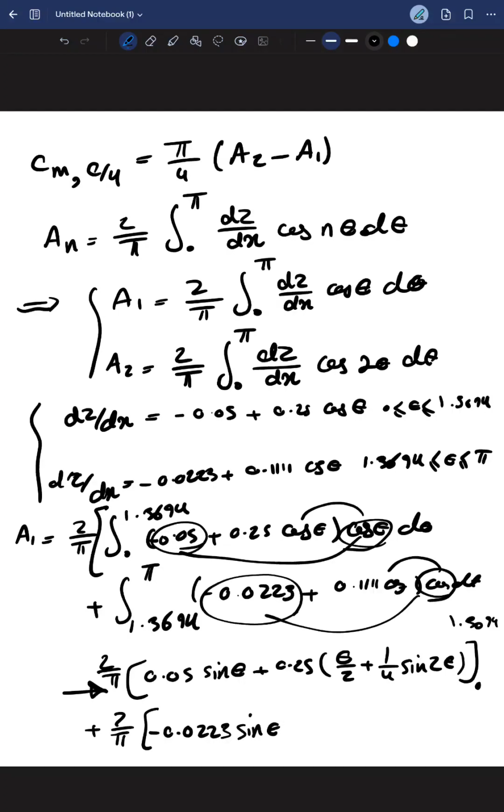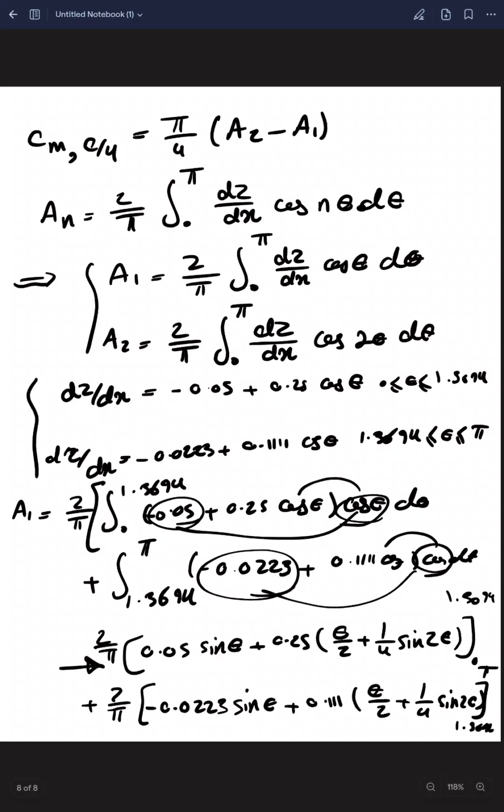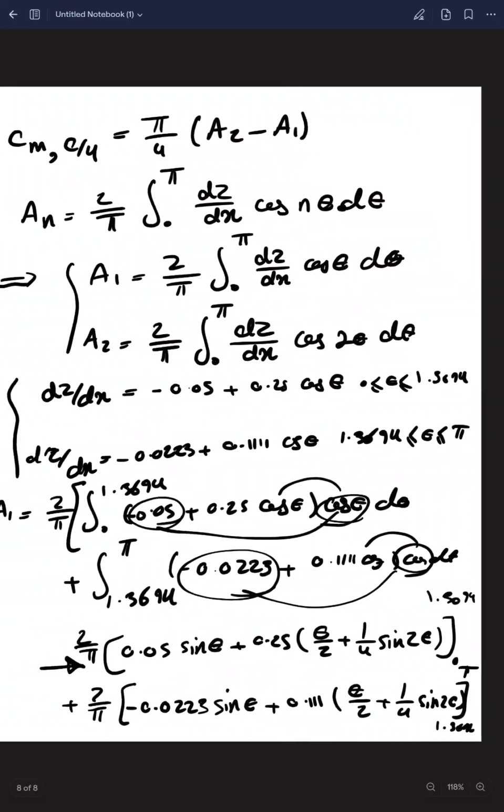The integral of cosine of theta multiplied by this is sine of theta multiplied by that coefficient, plus 0.111 cosine squared of theta, whose integral is theta over 2 plus 1/4 of sine of 2 theta. This goes from 1.3694 to pi. I don't really have a final solution for this because it is not in the solution that I've provided, but you plug the numbers in and you find the final value for A1.